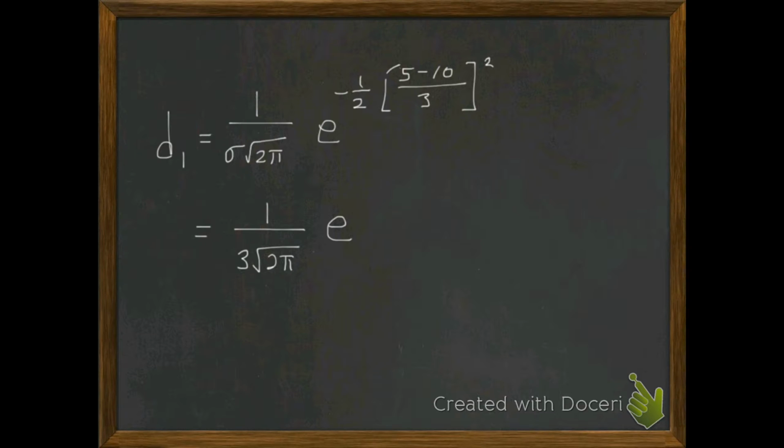So we've got negative 5 divided by 3 squared times negative 0.5, and I get negative 1.389 here. So guys, let's go ahead and clean this up a little bit. Again, I'm just going to use the calculator on this.